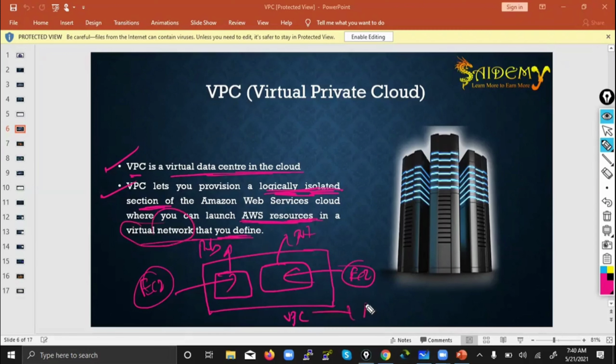That means this VPC, which we have already defined, some name you have given as per your requirement. And then you have logically isolated them as something public, something private. And inside those logically isolated sections, we are launching AWS resources like EC2, or databases, security groups, etc. That is what they mean by the definition of VPC.